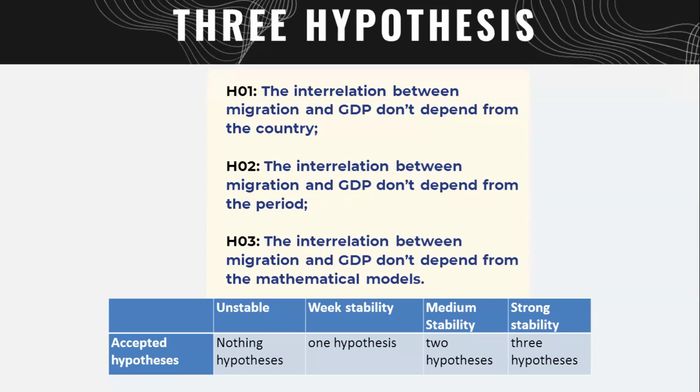In this case, we find different types of stability. If we accept all three hypotheses, we can speak of strong stability of the interrelation between migration and macroeconomic factors such as GDP. Medium stability requires accepting two hypotheses, weak stability requires accepting one hypothesis, and the interrelation is unstable if no hypothesis is accepted.